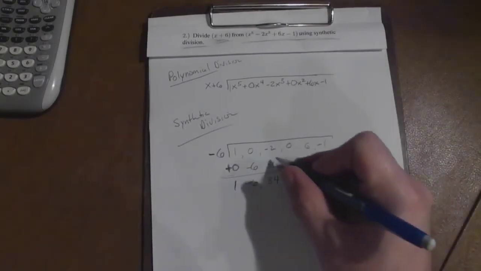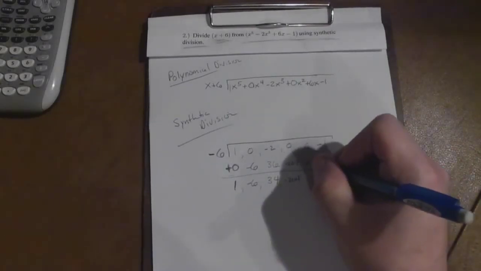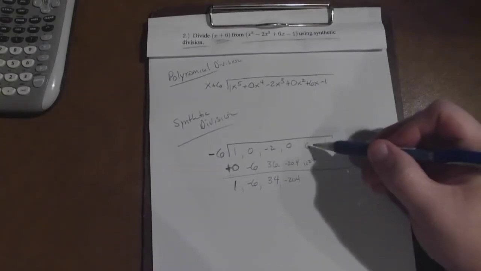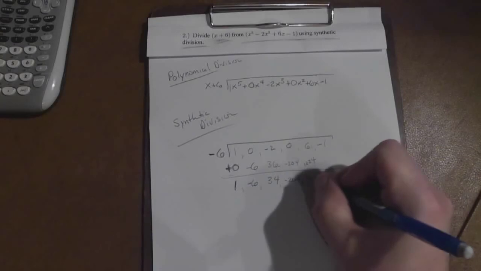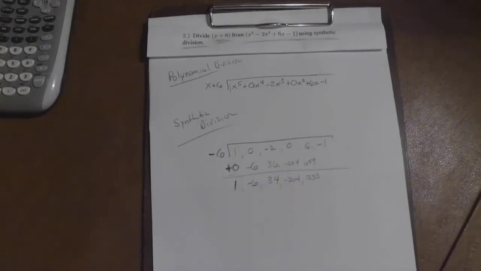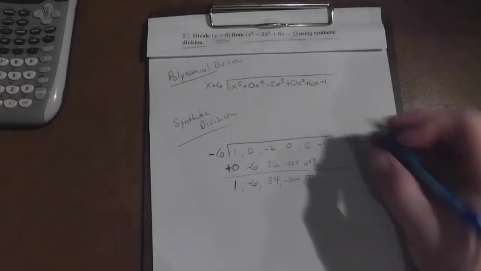Because it is 204 times, oh yeah, well, yeah, we did this one. That is 1,224. I just wanted to make sure we had that right. So that would be positive 1,224. Yes, now when we add vertically, we should see that familiar value of 1,230.